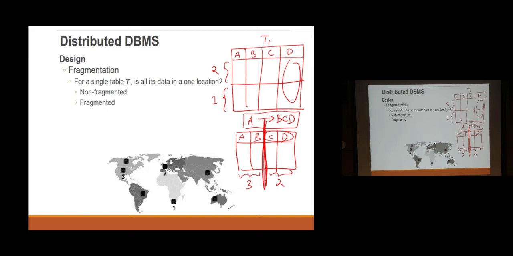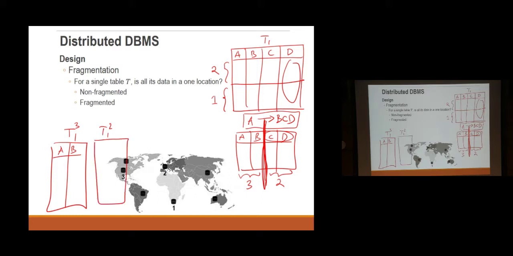So when you fragment this, the one at location 3, let's call it T3, table 1 at location 3 here must have AB, and table 1 at location 2 must have ACD. All right?